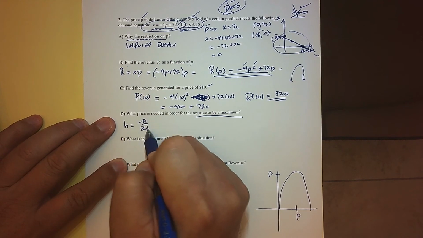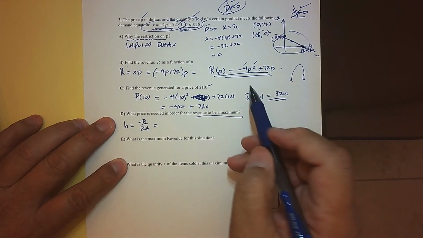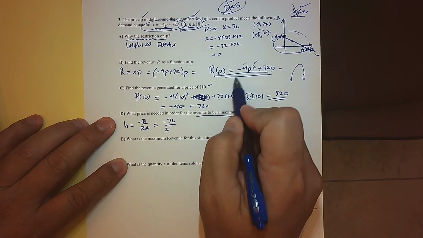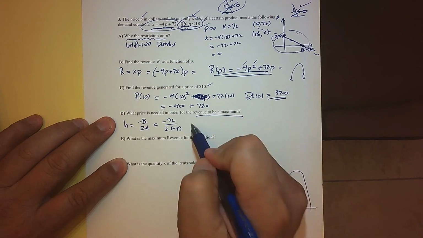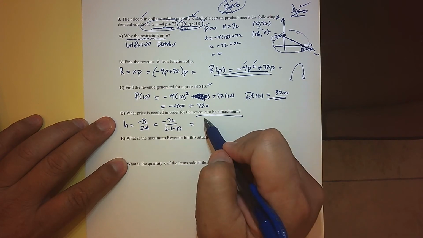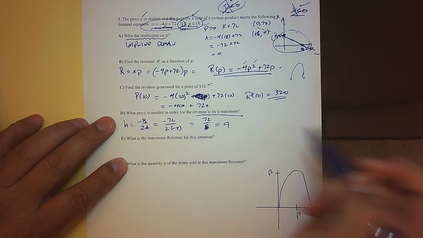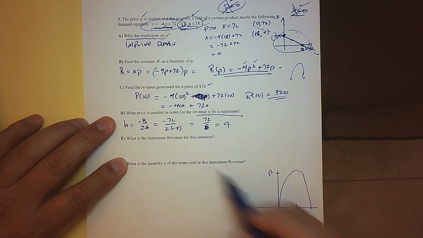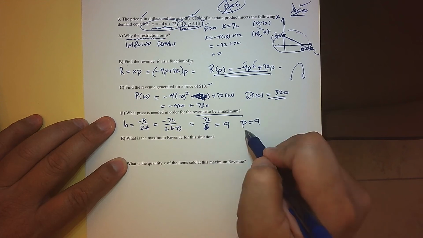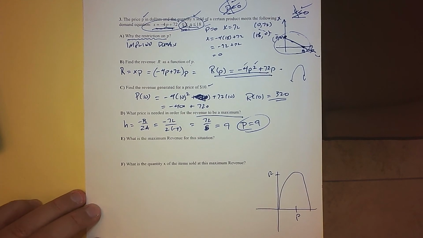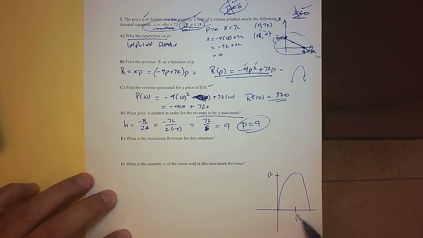It's negative B over 2 times A. For my model, B is 72, and A is negative 4. A negative divided by a negative is a positive, so we have 72 divided by 8, which is 9. So the price that maximizes the revenue is 9. P is 9.